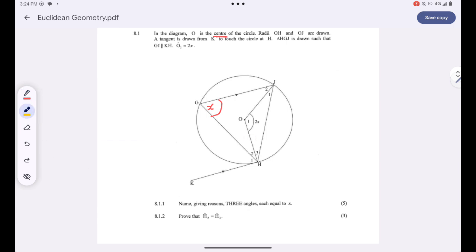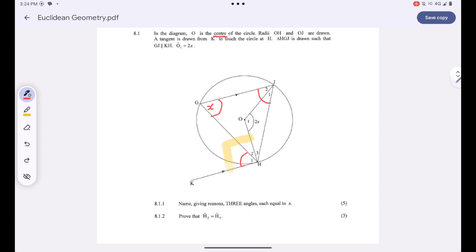So the angle over there has to be 90 degrees. H1 plus H2 must always be equal to 90 degrees, right? Okay, what else do I know? Since H1 is a tangent, these two angles are equal. Tan-chord theorem. Are you together, guys?